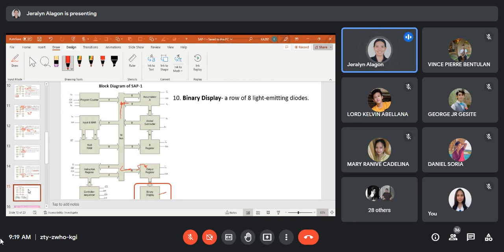Okay? So you saw the process in the SAP1 architecture. Simple, right? It's simple in general.